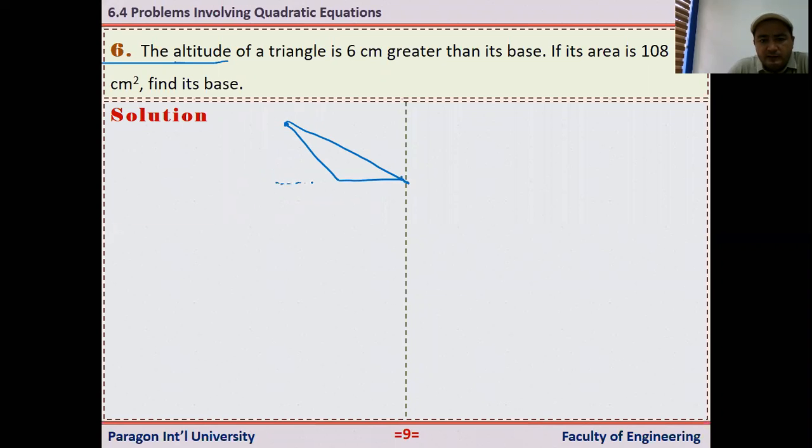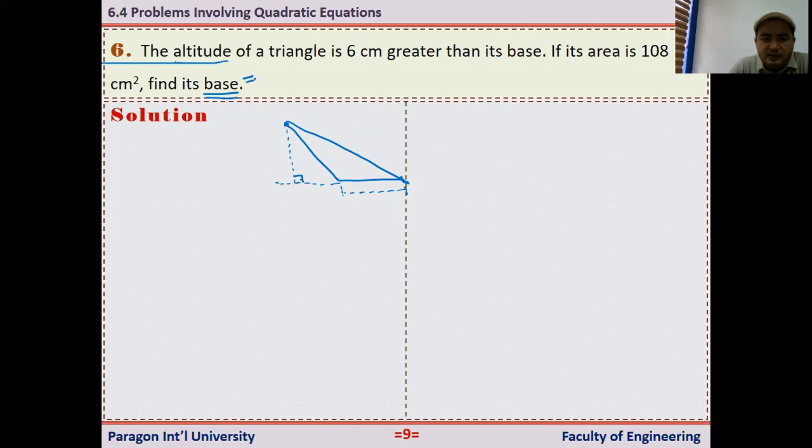And this is the height of this triangle, altitude. And this one is base, right? So actually we are looking for this base. Let me denote this base by x.